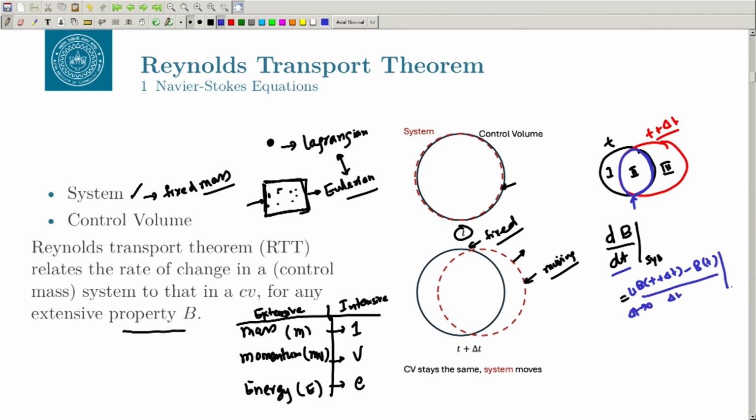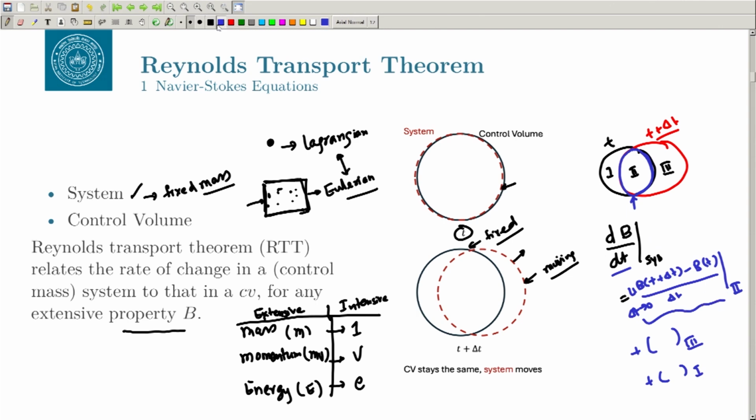This will be for only region 2, but then you also have changes in 3 and changes in 1. So, this is your system, and this is for the control volume.